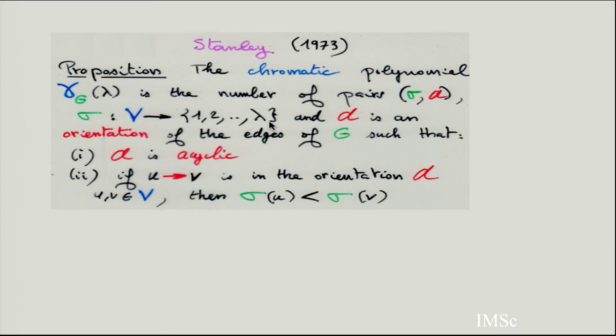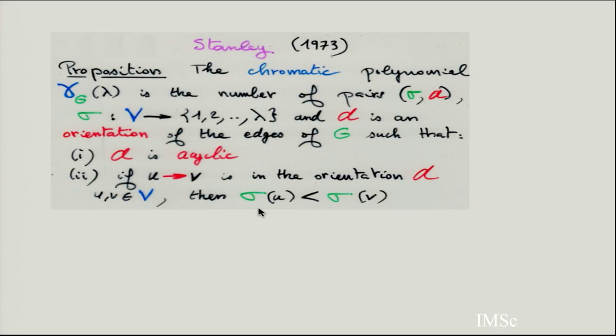Lambda is the total number of colors. And A is an orientation of the edges of G such that this orientation is acyclic. And if U and V are connected by an edge in the orientation A, then sigma must be compatible with the order of the colors.